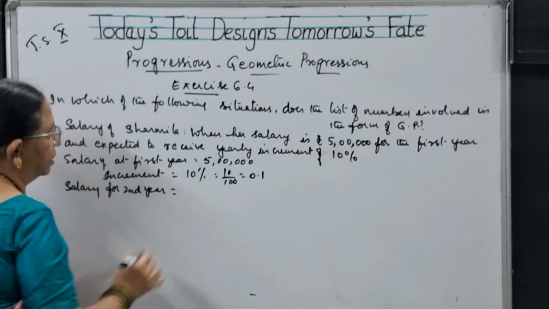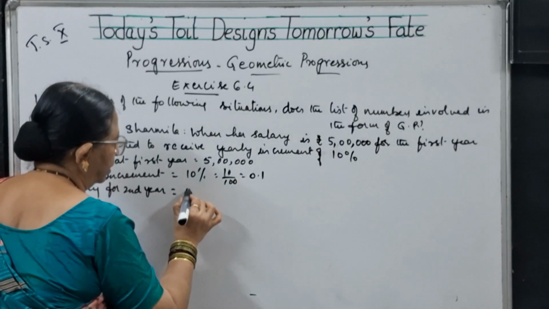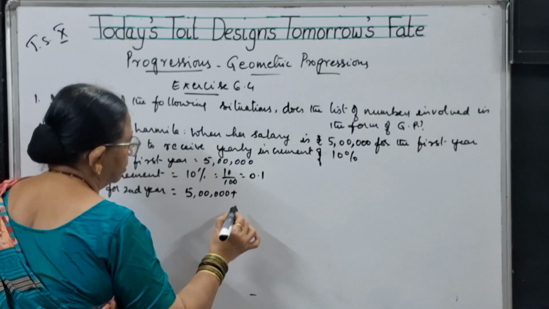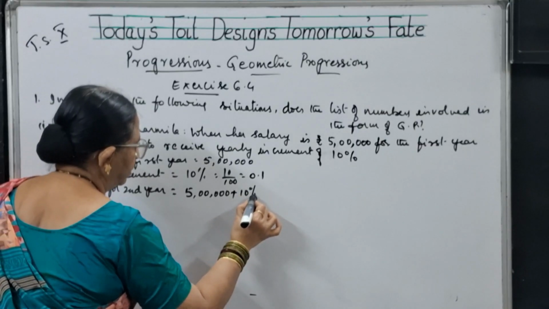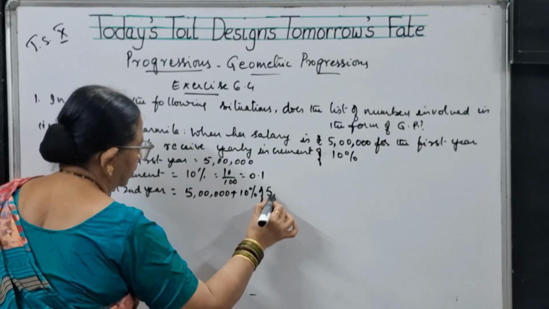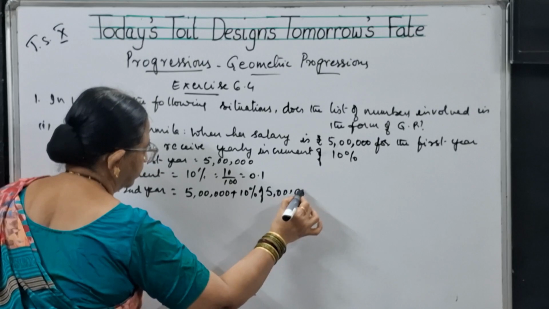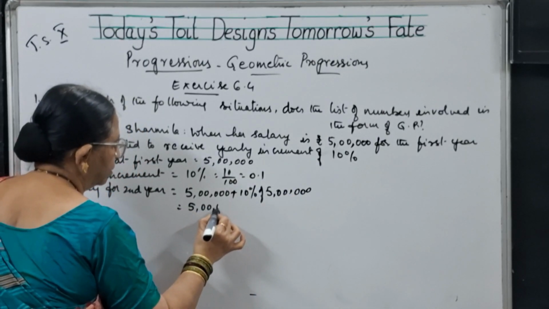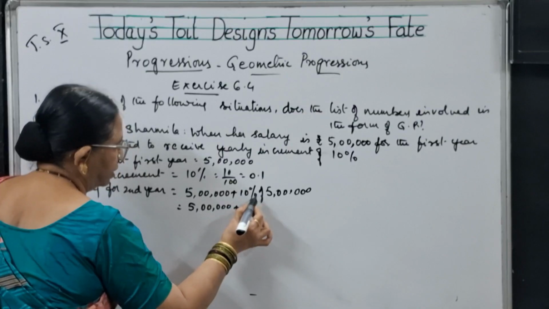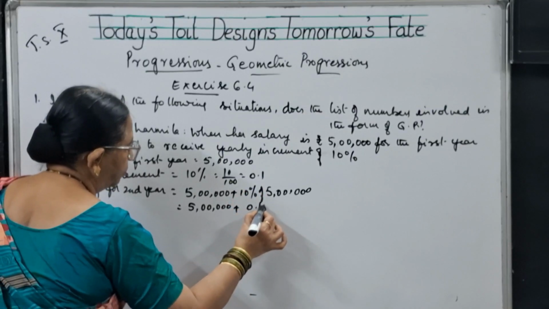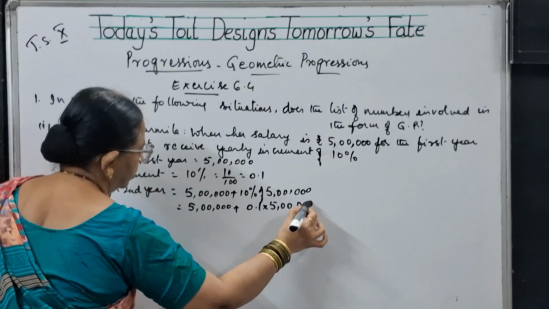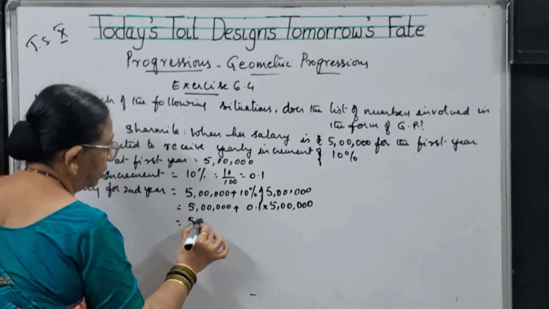Salary for the second year is the first year salary, that is 5 lakh, plus 10% of 5 lakh, that is 5 lakh plus 0.1 into 5 lakh. How much are you getting, children?